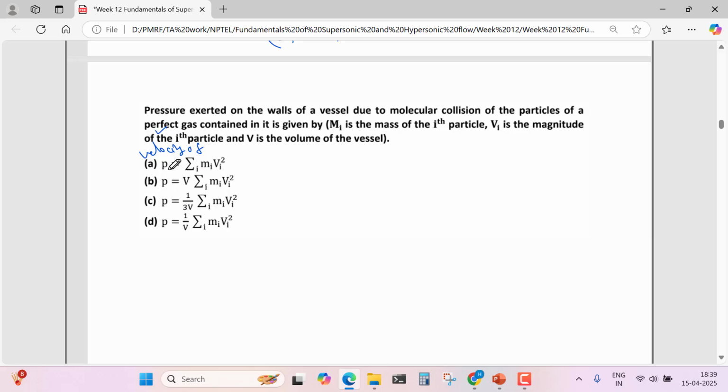So option A is P equal to sigma i mi vi square. Option B, P equal to V sigma i mi vi square. Option C, P equal to 1 by 3V sigma i mi vi square. Option D, P equal to 1 by V sigma i mi vi square. So what will be the answer for this problem?